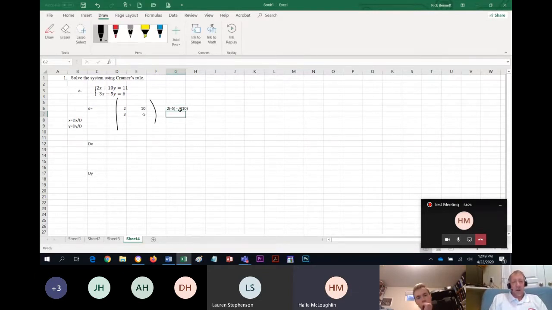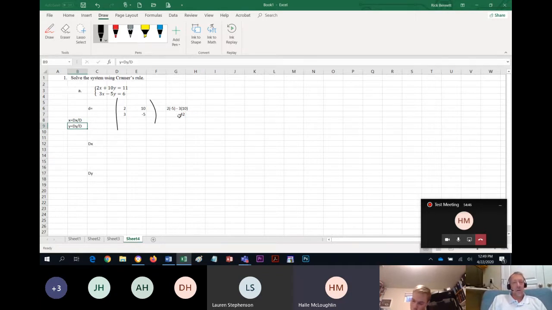So 2 times -5 minus 3 times 10. So your determinant is -42. So that's going to be your denominator in both of these equations.